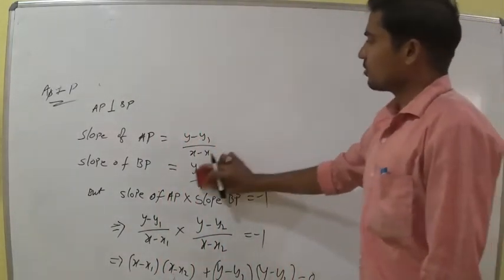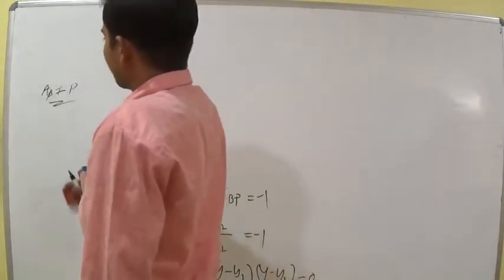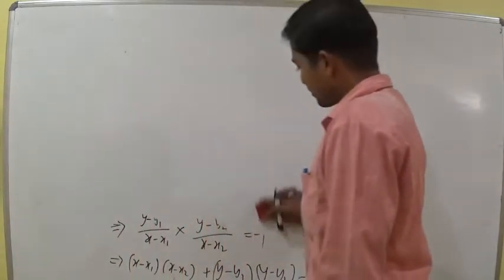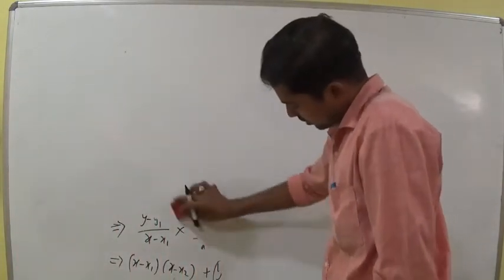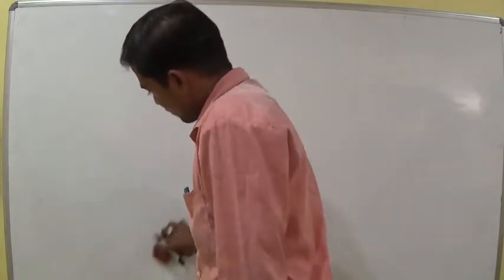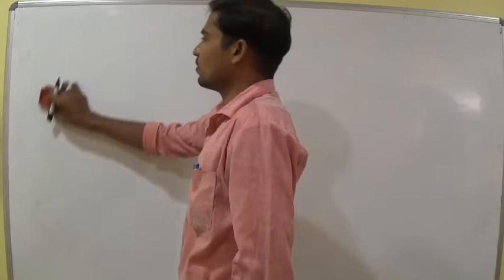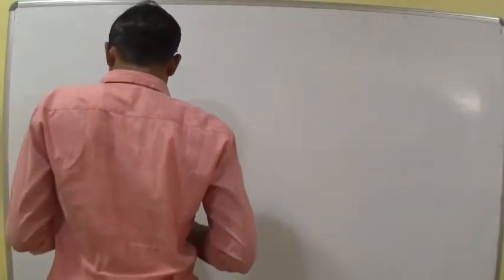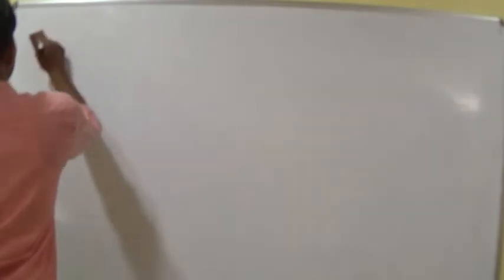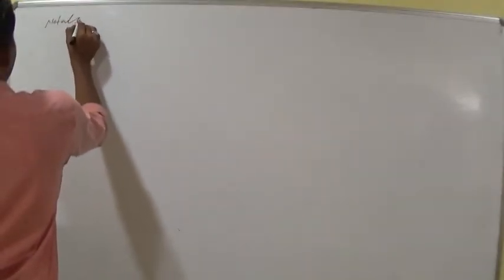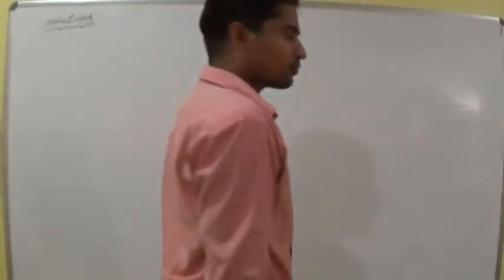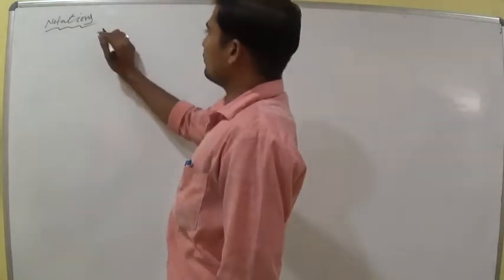Then S1 = xx1 + yy1 + g(x + x1) + f(y + y1) + c = 0, and then S12 is x1x2 and so on. We'll use these notations regularly, so try to remember them.